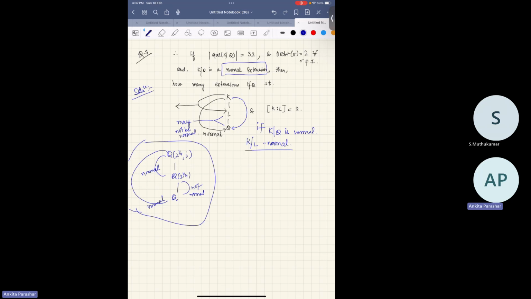Why? It's a very easy fact. If some polynomial over Q splits in K, then the same thing happens for L also. If K is the minimal splitting field of a certain polynomial over Q, then that polynomial is also a polynomial over L. Therefore K is the splitting field for the polynomial over L also. So K over L is normal. That's not an issue.